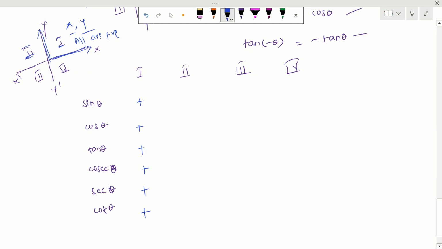In the second quadrant, x is negative and y is positive.